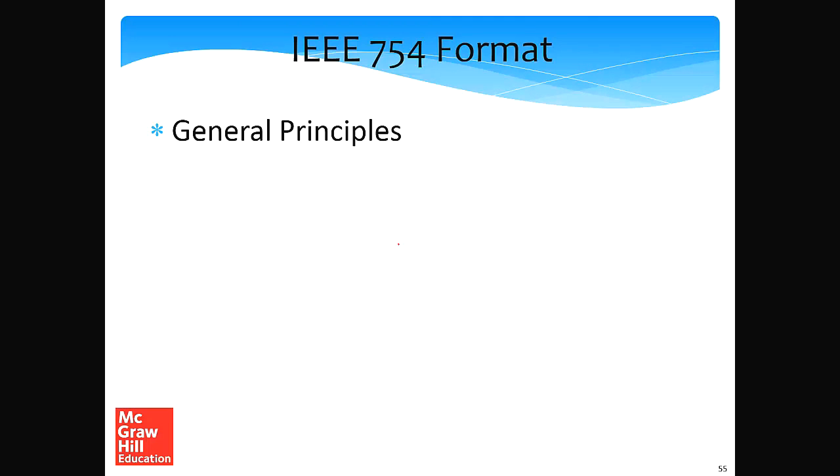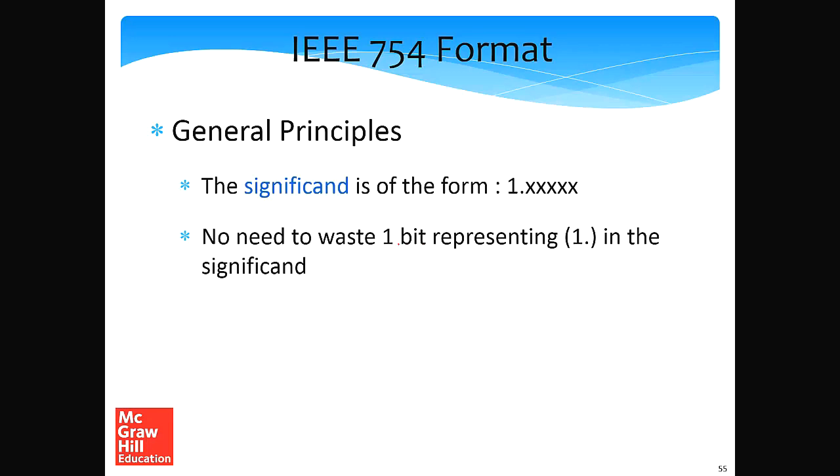So let's now take a look at the IEEE 754 format for representing floating point numbers and take a look at the general principles. So the significand should be of the form 1 point something. If you think about it, if we have 32 bits, so this is a 32-bit number system, and every number's significand is 1 point something, there is no need to waste 1 bit representing that 1.